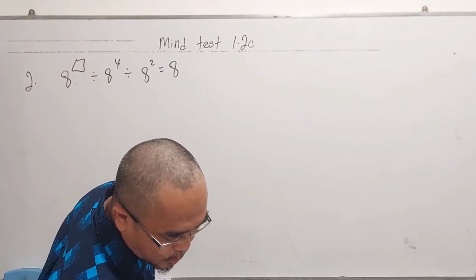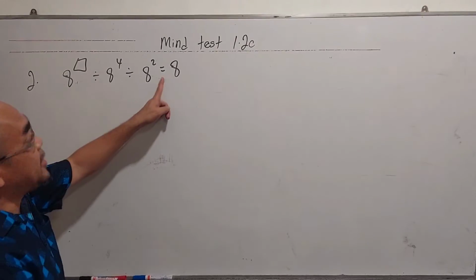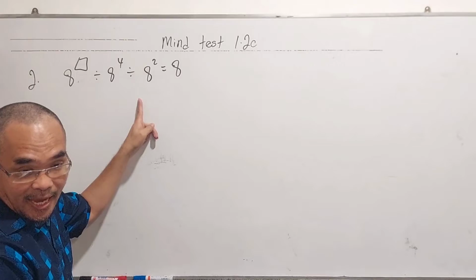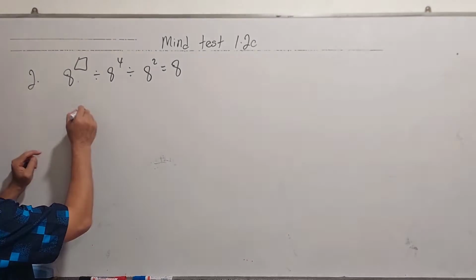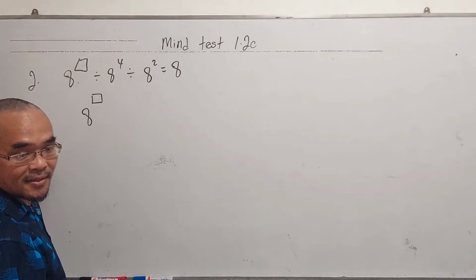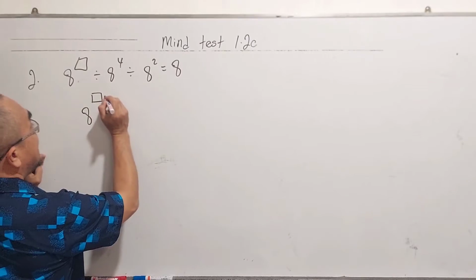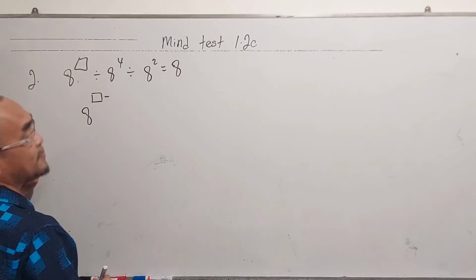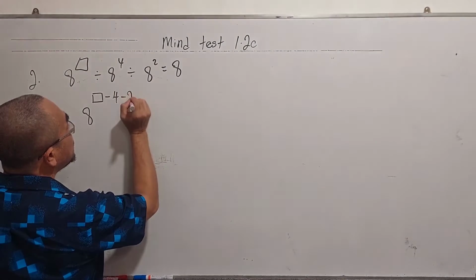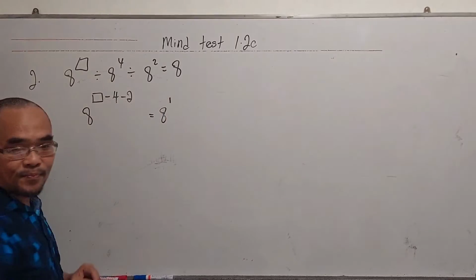Okay, so this is an equation. You have to create an equation, because you have an equal sign here. So simplify on the left side. So 8, and then what we have to do with the index? If divide, minus the index only. Box minus 4 minus 2 equals 8 power 1.